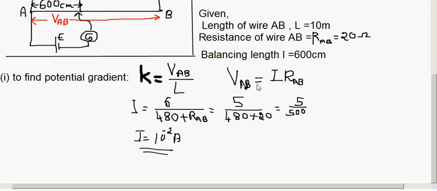Now VAB is equal to I into RAB. I is 10 to the power minus 2 into RAB is 20. So 20 into 10 to the power minus 2 volt, or equal to 0.2 volts.